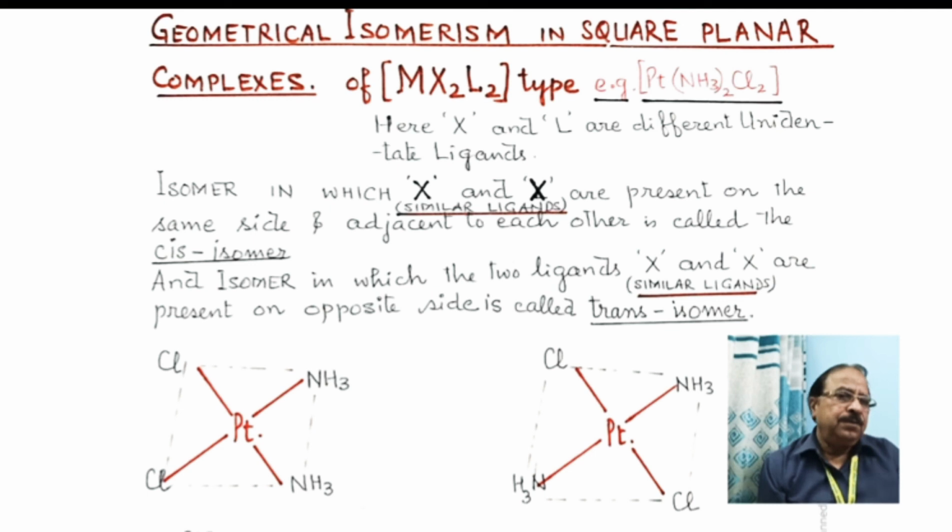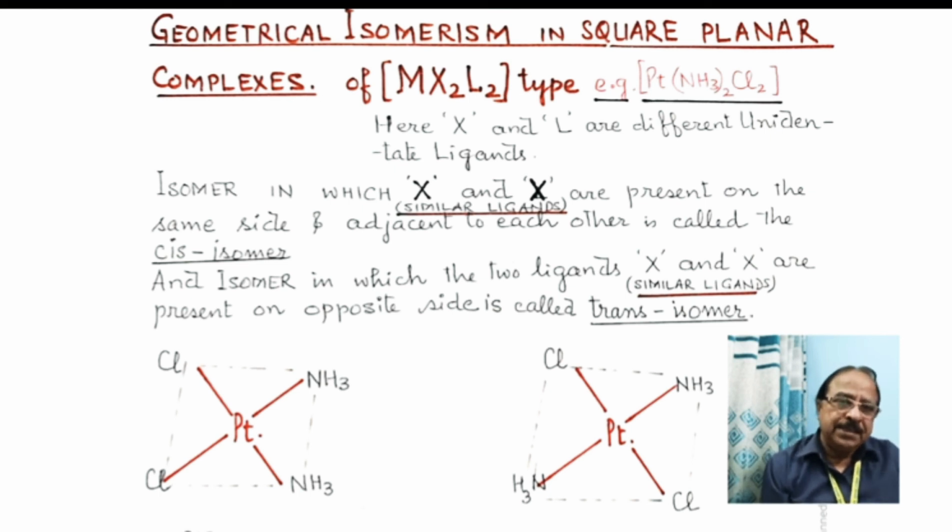The two ammonia molecules are present on the other side, adjacent to each other. Such isomers are known as cis isomers. A cis isomer is one in which the two similar ligands are present adjacent to each other.